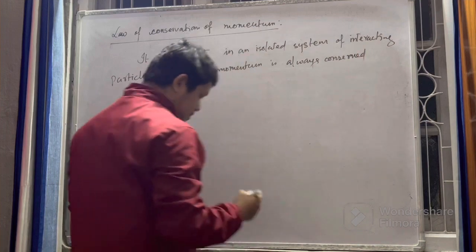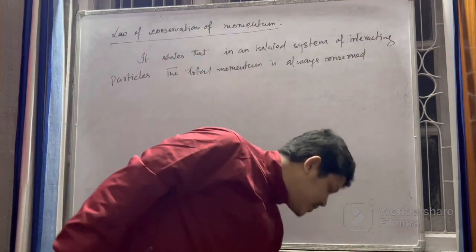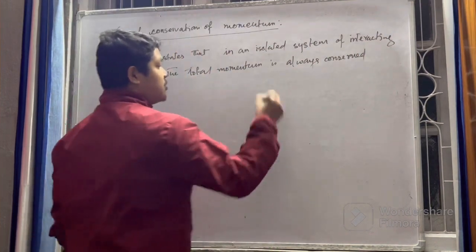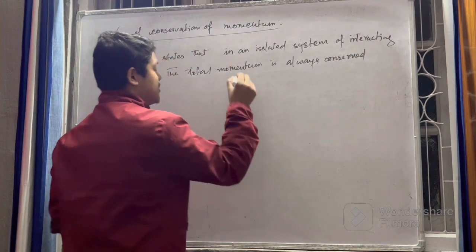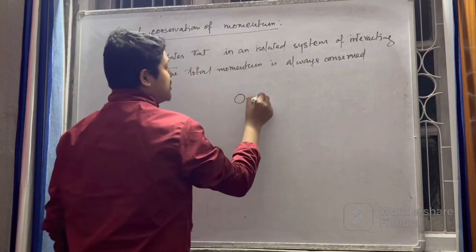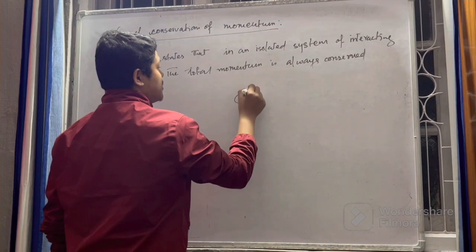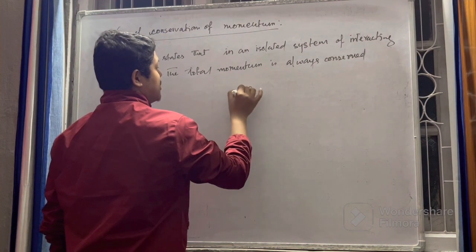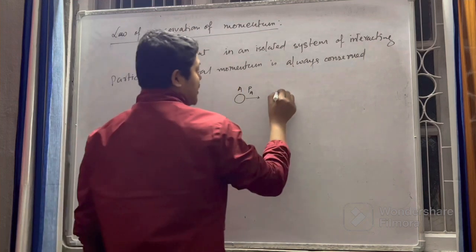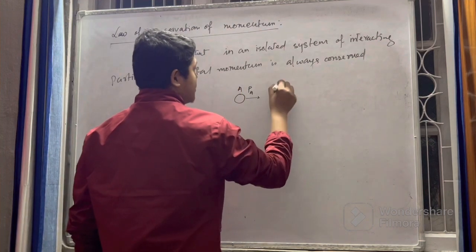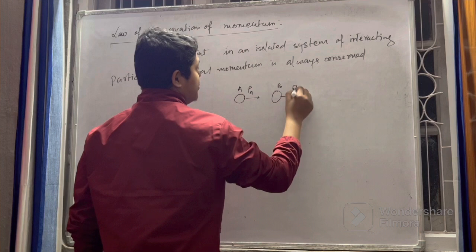So that means, here you see, suppose we have two objects. This is moving with momentum PA, suppose this is object A. Another object B, suppose it is moving with momentum PB, right?